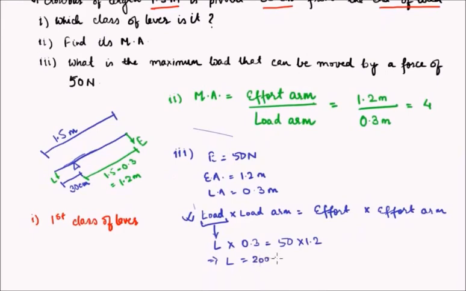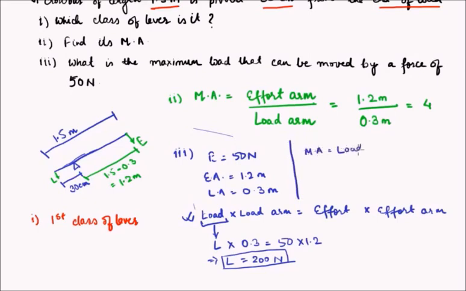Now the question asks us to find the maximum load. So we'll take the condition, and the question does not mention any loss of efficiency. So we'll take 100% efficiency, and we will find the maximum load. So we need to find this. L into load arm 0.3 is equal to effort 50, effort arm 1.2.